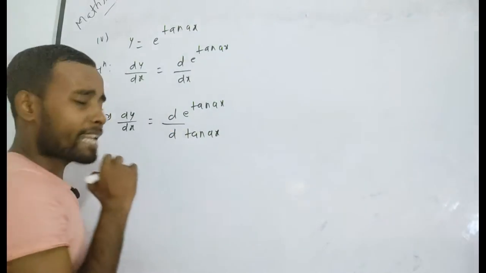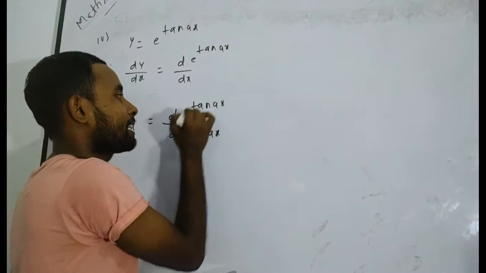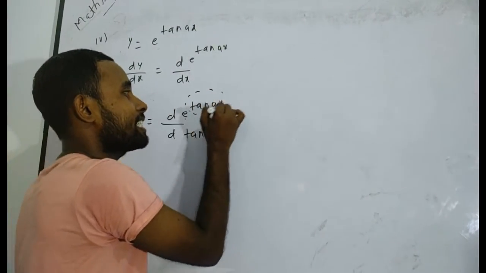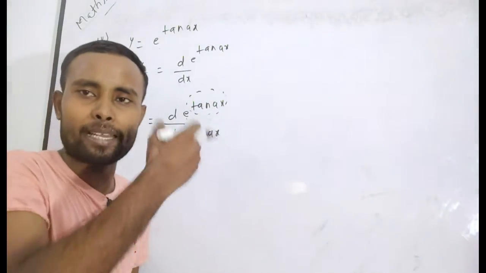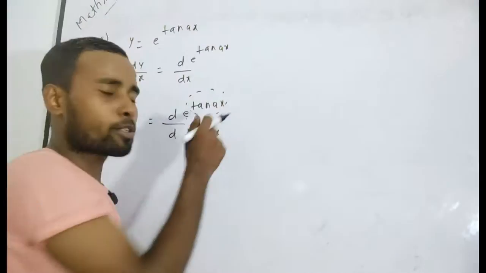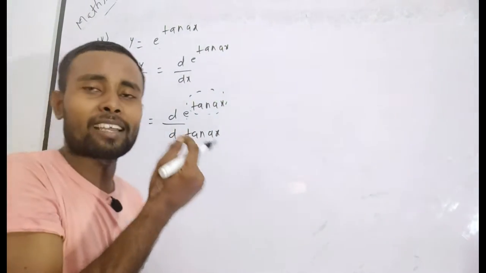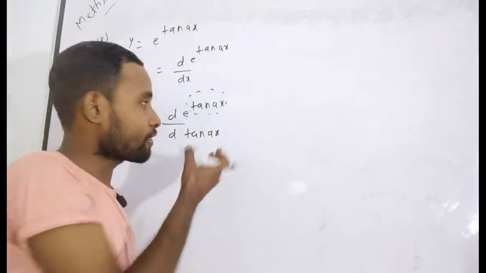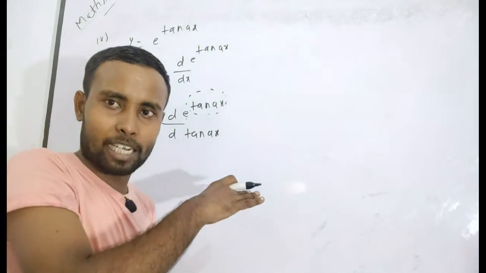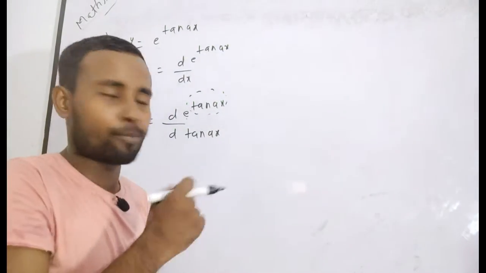Why? Because if e to the power any term is given, suppose it is treated as a single term, and you have to differentiate with respect to that single term. In that case, it will definitely give your appropriate answer.